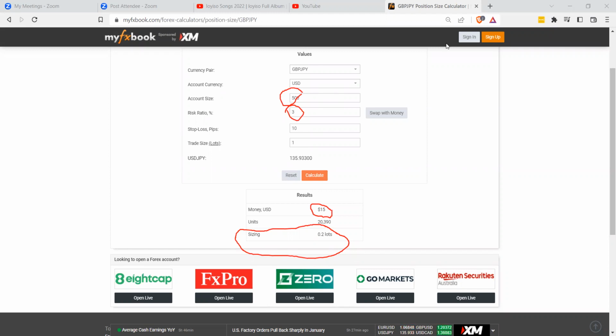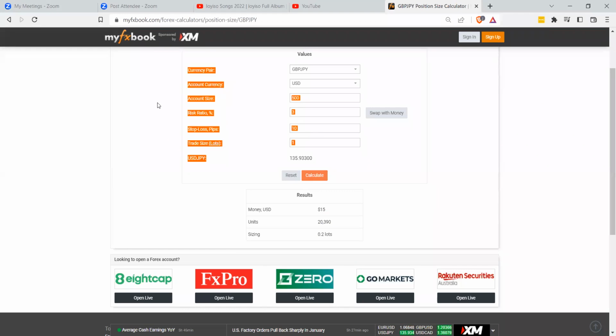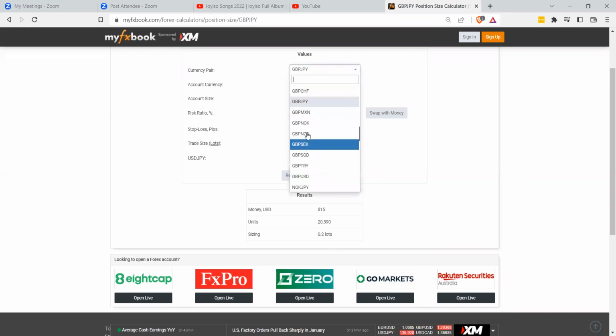Okay. Now, the value of your lot size will be different based on all of these parameters here. This is for GBP JPY. Let's say you have the same amount of capital and everything for a different pair, like GBP NZD.